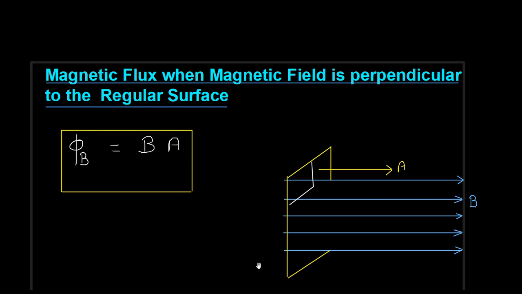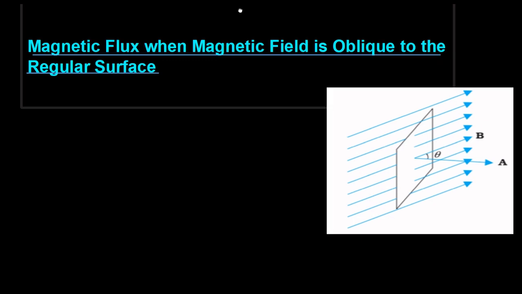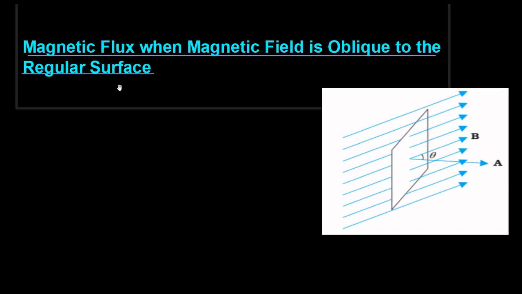Now let us see what happens when the magnetic field is oblique to the regular surface. Consider a uniform magnetic field represented by B, and this is a regular plane surface having area A, represented by area vector A, which is the vector perpendicular to the surface of the regular plane surface.